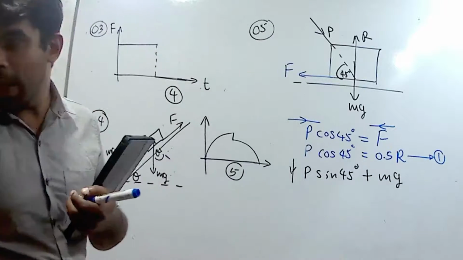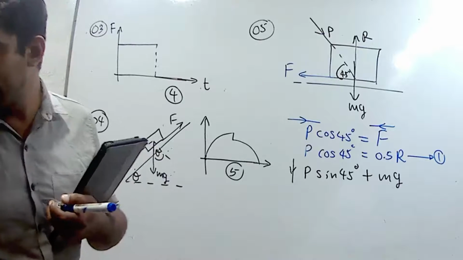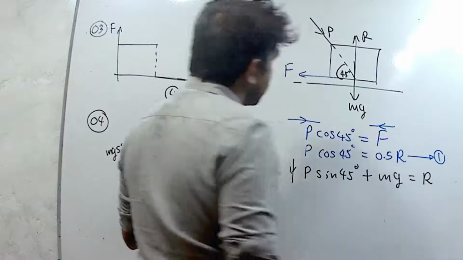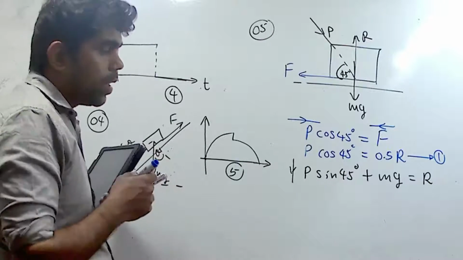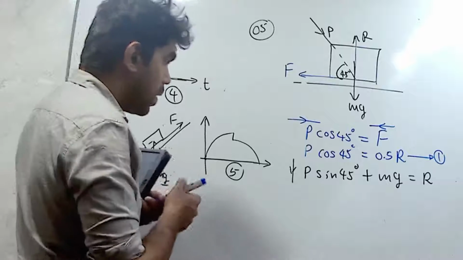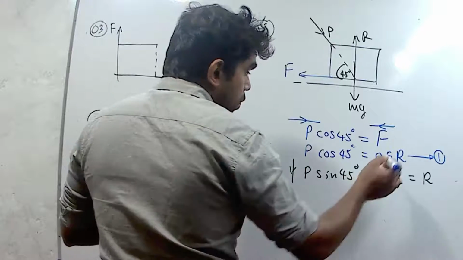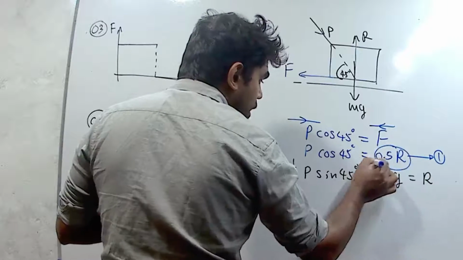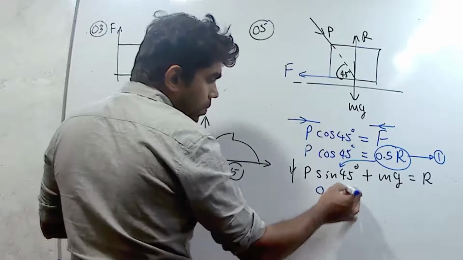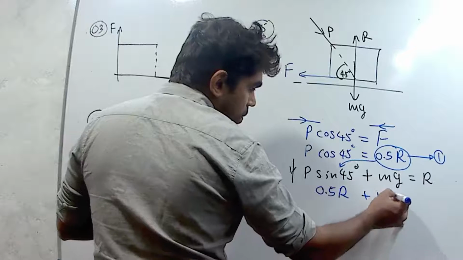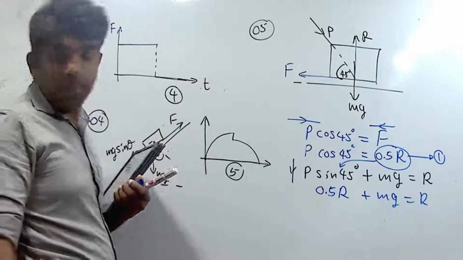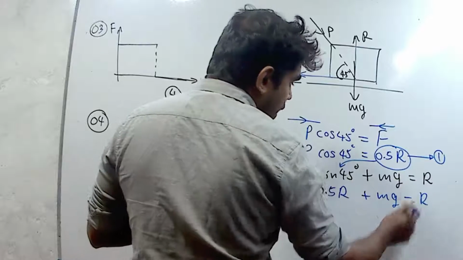The sum of downward forces should be equal and opposite to the upward reaction. We know that sin 45 value and cos 45 value are equal to each other. Therefore, we can substitute 0.5 R to this place. Then 0.5 R plus mg equals R. Then I will bring 0.5 R to the right hand side.